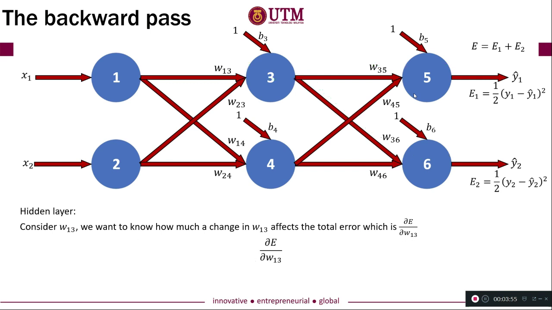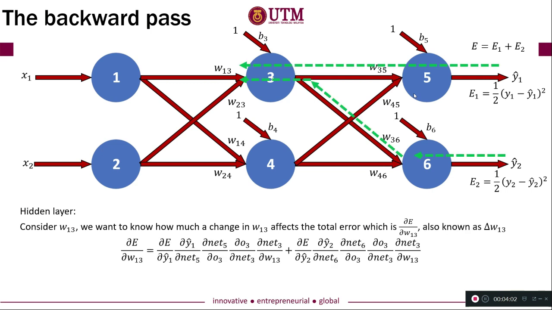That is how we define del E over del W13. It's expressed in this one. It's a little bit too long. Why is it so long? Because to find the error function here, W13 actually contributes in two directions.